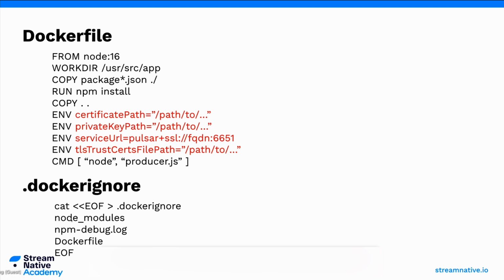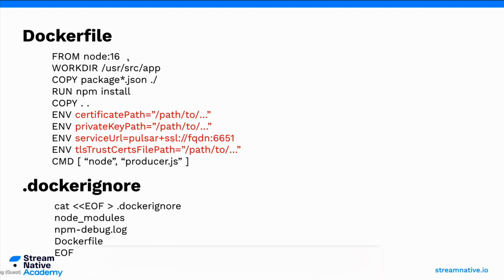This is a kind of template for how to make a Node.js Docker image. In the ignore file, you ignore node_modules, debug logs, and the Dockerfile itself, so you don't need to include it. The Dockerfile looks like this.